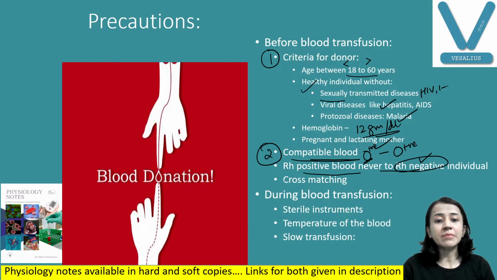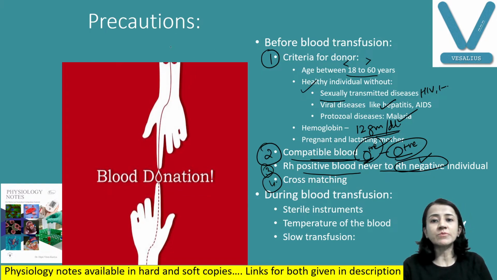Cross matching must also be done. What is cross matching? Even if the blood is compatible, cross matching is required. Suppose both donor and recipient have O positive blood, still cross matching is needed. There are two types of cross matching, major and minor.